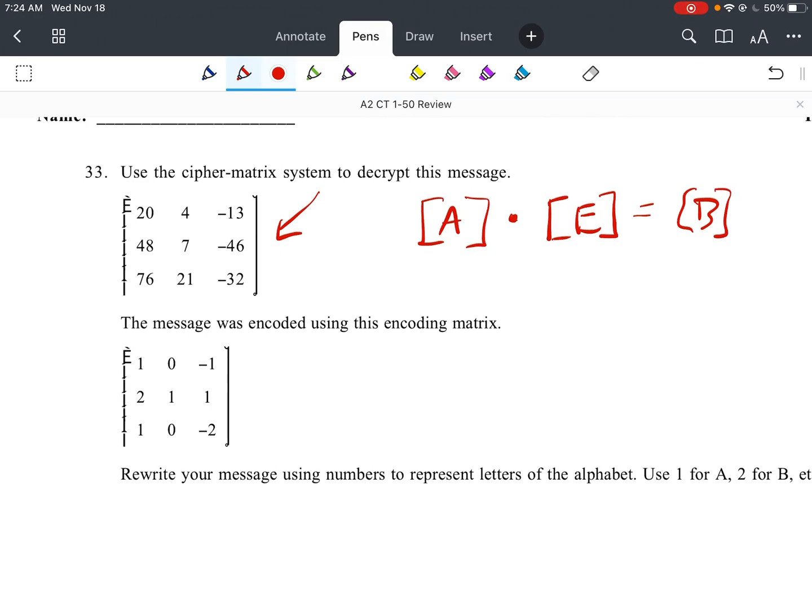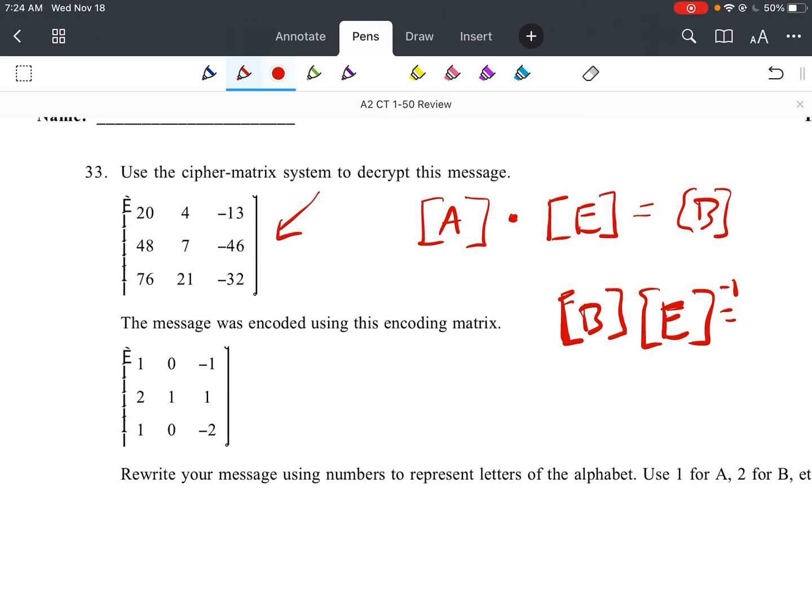Well, if I multiply by the de-encoding matrix, I'll get that. So what you have to do is keep it in the same order. You have to do this matrix B first, times the inverse of E will undo everything E did, okay? So this will give you your answer.